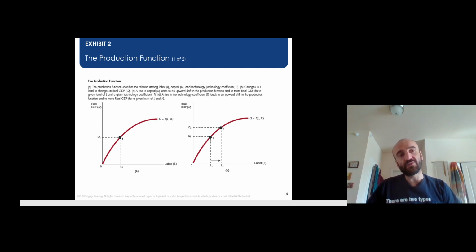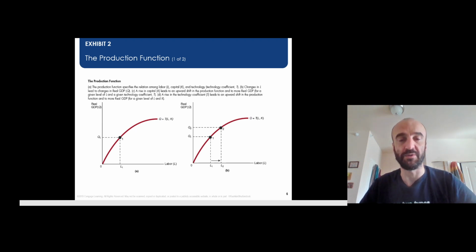So in order to simplify the analysis, you want to study how changes in every one of them in isolation from all others influence real GDP production. So you want to isolate, for example, the effects of labor. How changes in the quantity of labor influence real GDP.